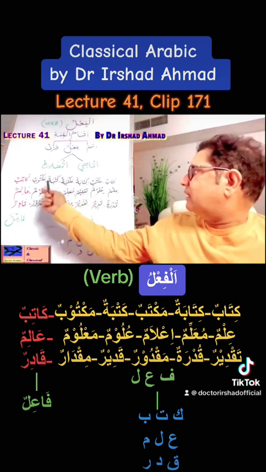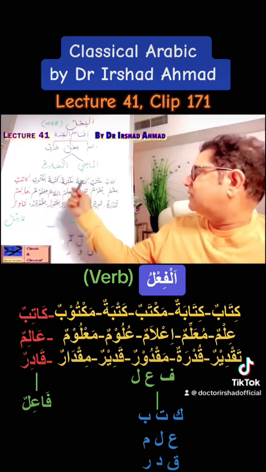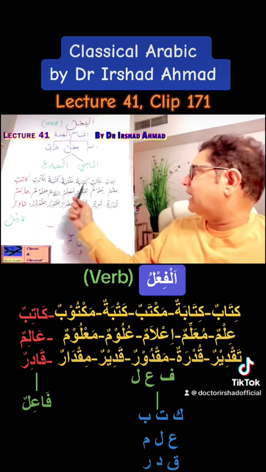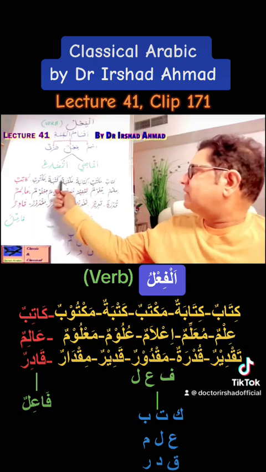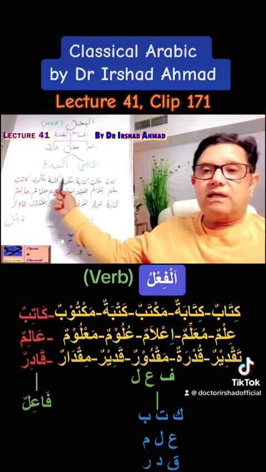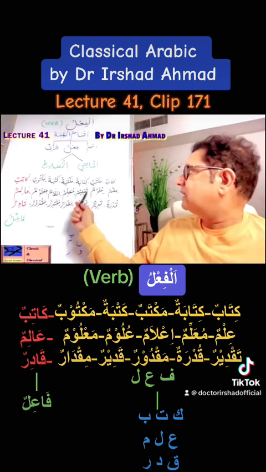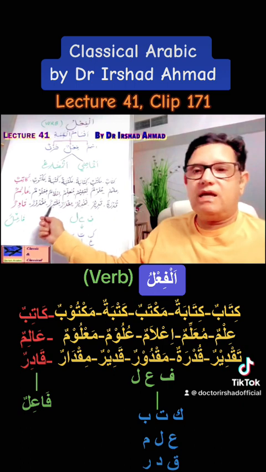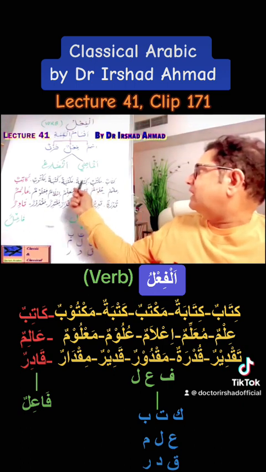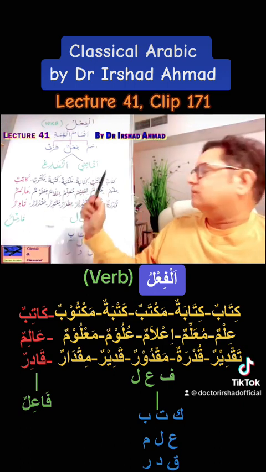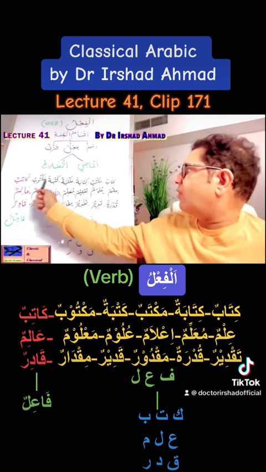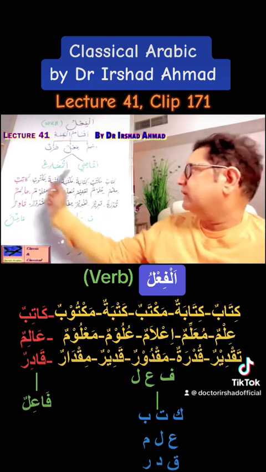So in all these words along vertical lines, we have three common letters here, which are contained in all these words, another three here, and yet another three here. So here kaf, ta, ba is common to all these words.